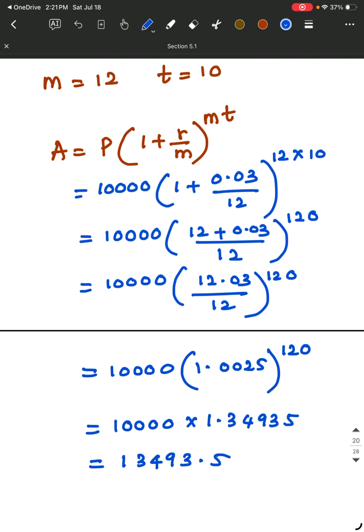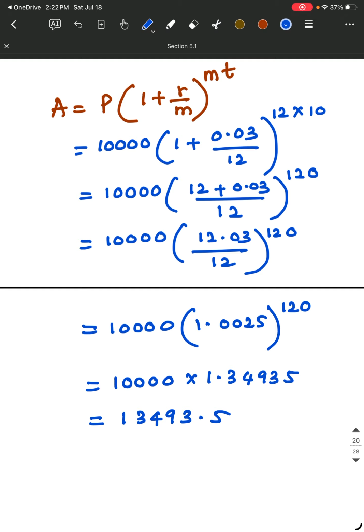So at the end, you will get $13,493.50, right? Okay, this would be the accumulated amount.